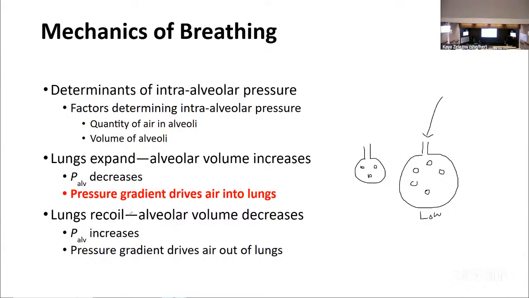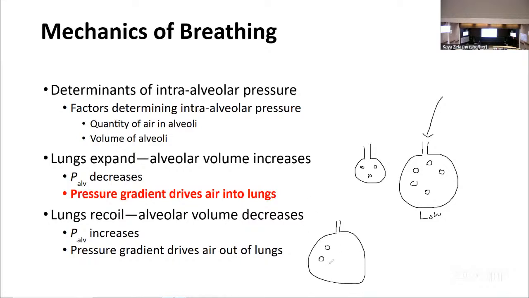The opposite thing happens as your lungs recoil. As you breathe out, you can feel your chest compressing, you can feel those ribs coming in, you can feel everything getting smaller. So in that case, we're going from a large alveolus, because you already breathed in.